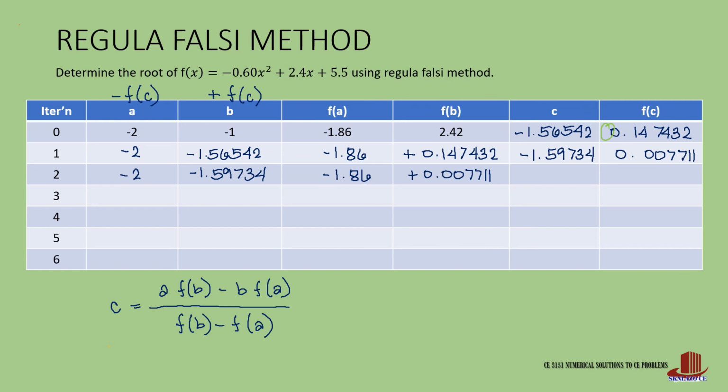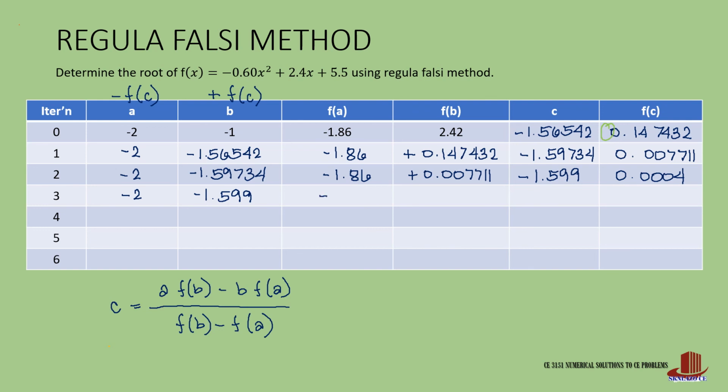Then do the same thing. Take the value of c, which would turn out as negative 1.599. And placing this into the function, we arrive at again a positive value, 0.0004. Since it is a positive, our lower limit would still be negative 2, but the upper limit would then take negative 1.599 as its new value.